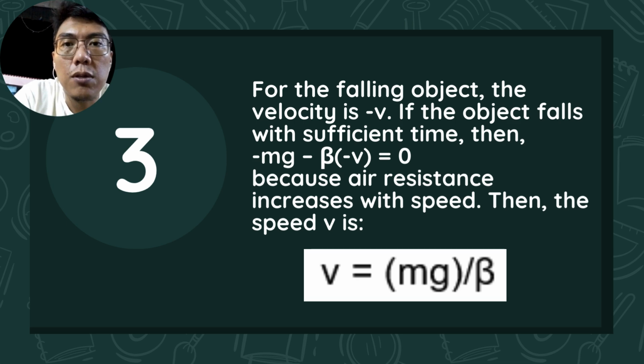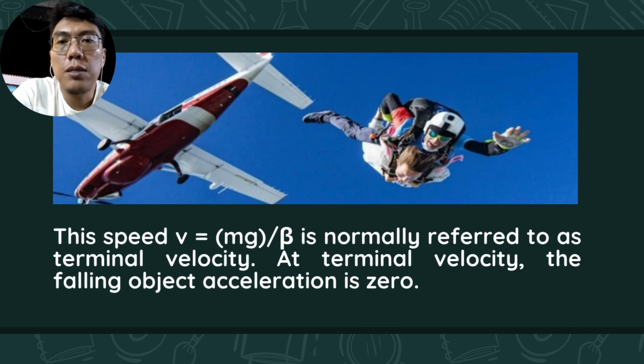With sufficient time, the object falls, and then 0 equals mg minus beta v, because air resistance increases with speed. Then the speed v is equal to mg divided by beta. At this speed, it is normally referred to as the terminal velocity. At terminal velocity, the falling object's acceleration is 0, whereby there is no more increase in speed.